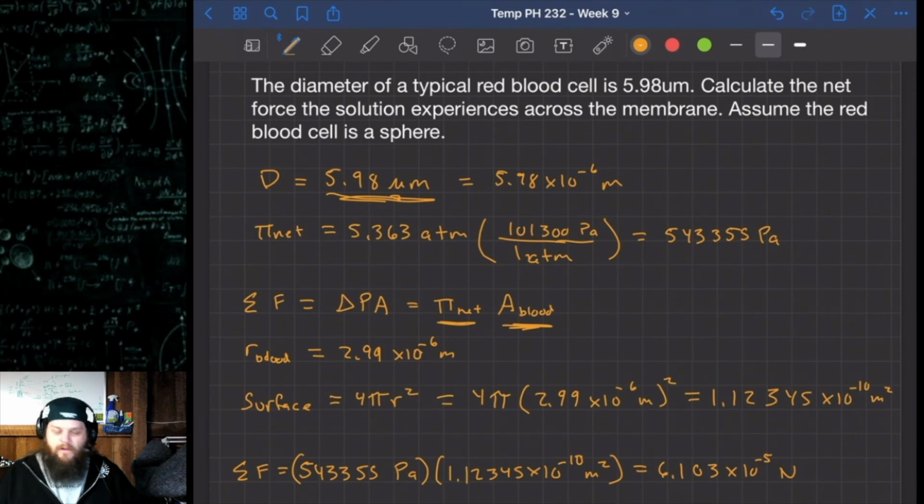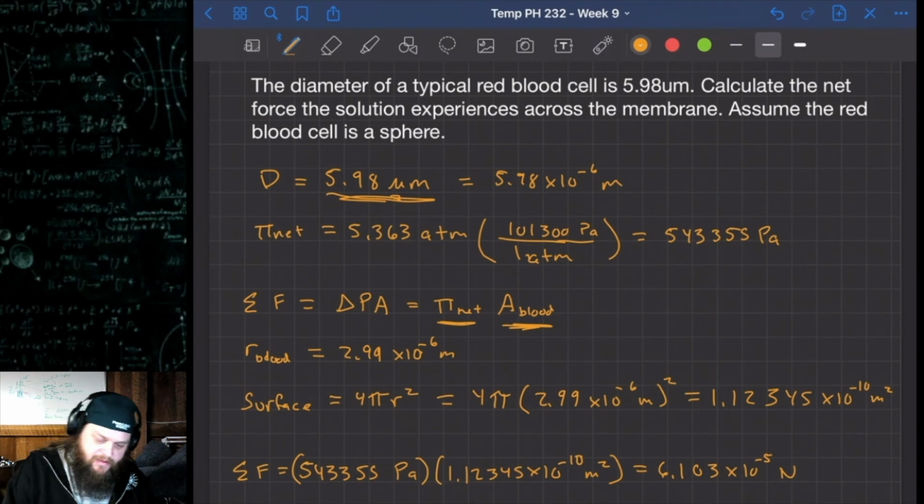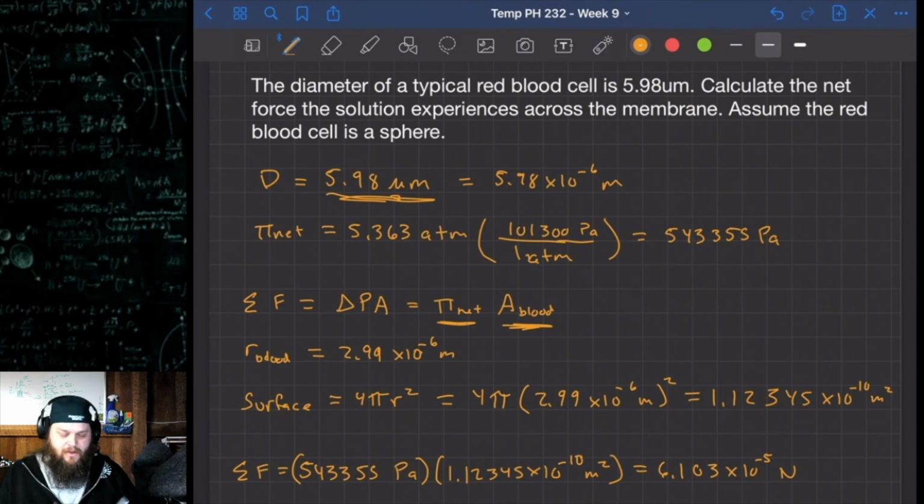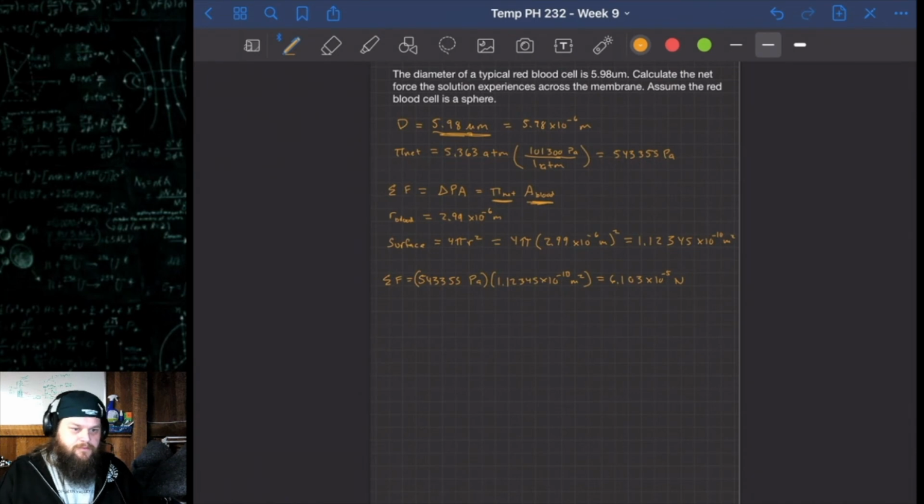So you can see, even though we have about 7 atmospheres of osmotic pressure in our blood cells, the actual force is 6.104 times 10 to the negative 5 newtons. So it's pretty small in order of magnitude, but our blood vessels are pretty small too.